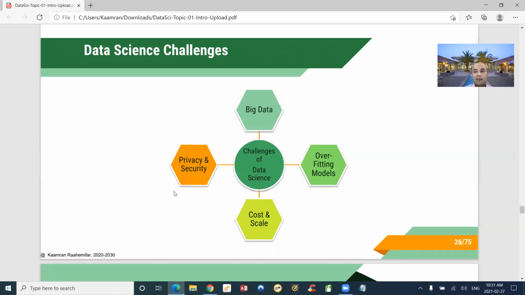And obviously, when you collect the data, is this data fake news or trustworthy news? Is it coming from the source that you want to believe in and act upon? So you need to know whether the system is actually going to be at the point of contact. You could potentially be attacked and data is stolen.